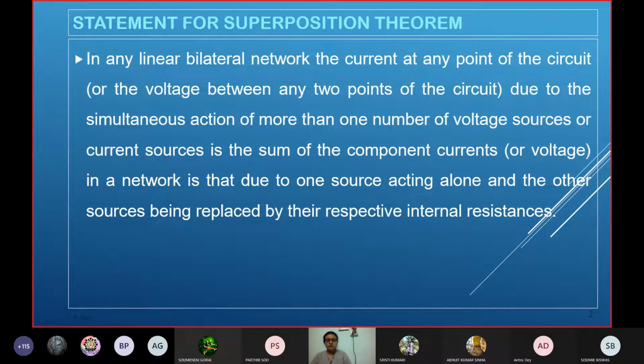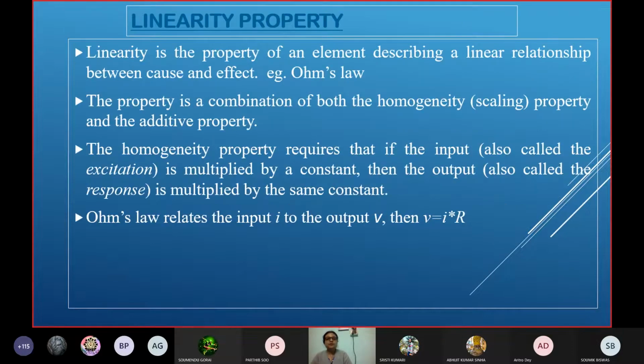Let me explain this linearity property. Linearity is the property of an element describing a linear relationship between cause and effect. Cause and effect means, suppose voltage is provided to a network, and therefore the effect is that current flows through that network.